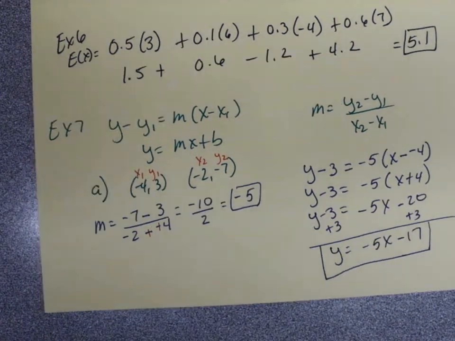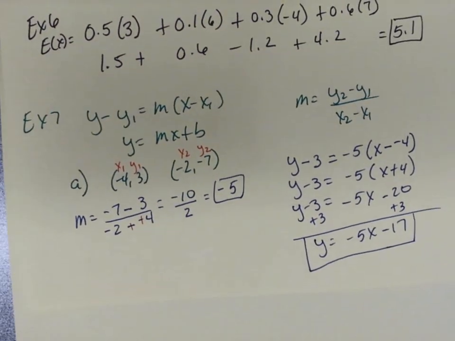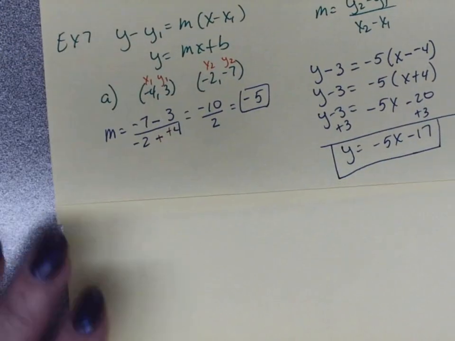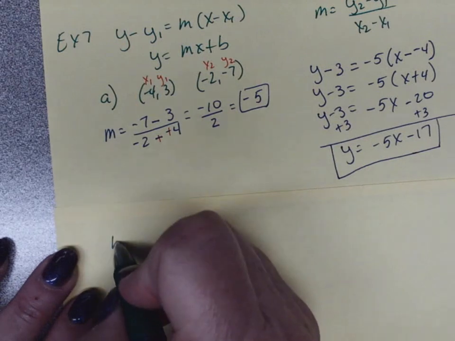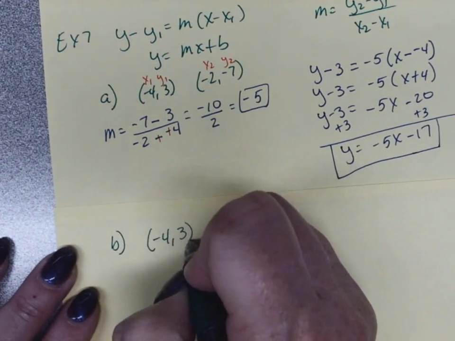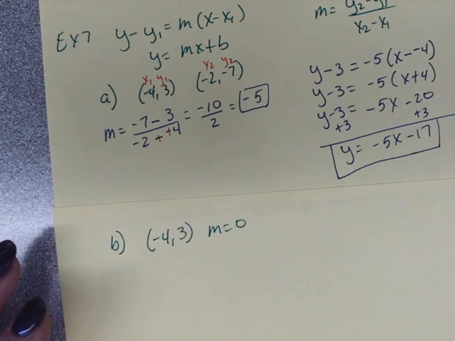All right, our next question is part B, and it says passing through the point, and the slope is 0. So this will be part B. So we have a point of negative 4, 3, and our m is equal to 0.